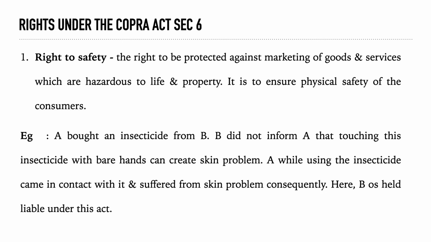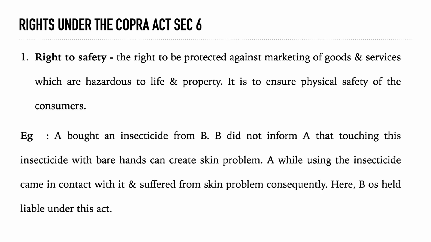Example: A bought an insecticide from B. B did not inform A that touching this insecticide with bare hands can create a skin problem. Now usually these are always handled with glasses, or some kind of holding thing for the packet.